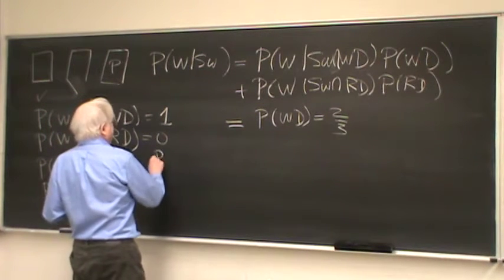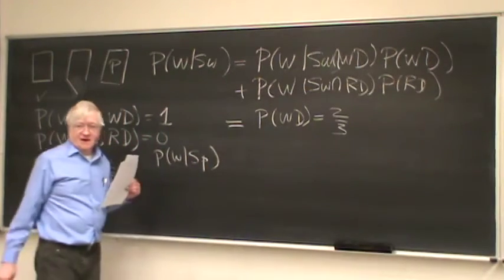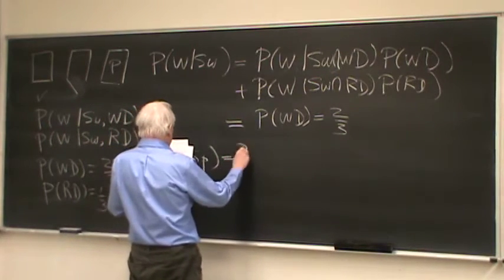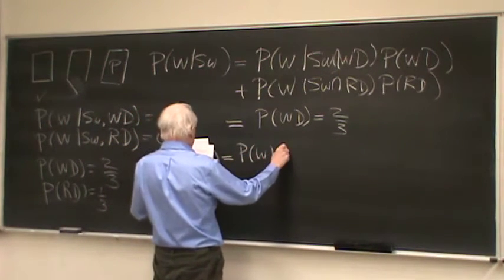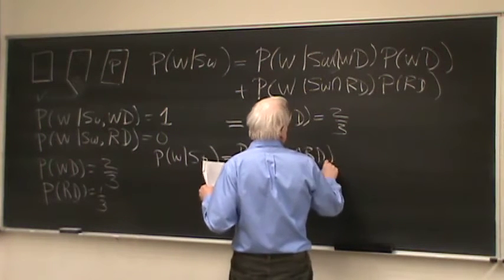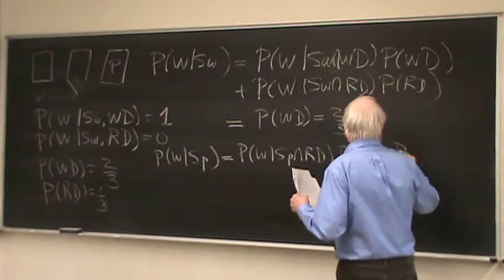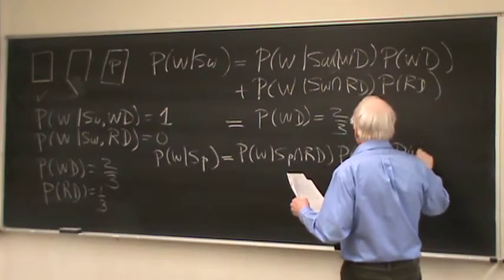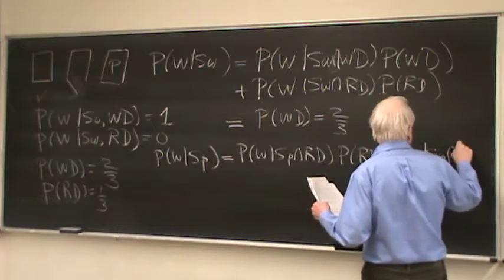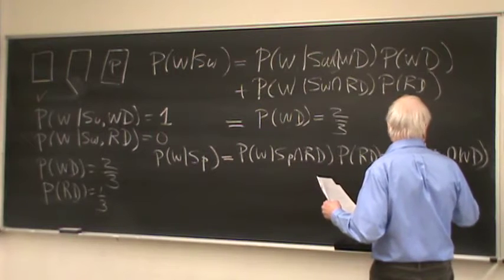What about the probability of winning, given that you stayed put? Well, that's the probability of winning, given that you stayed put and picked the right door, times the probability of the right door, plus the probability of winning, given that you stayed put and picked the wrong door, times the probability of the wrong door.